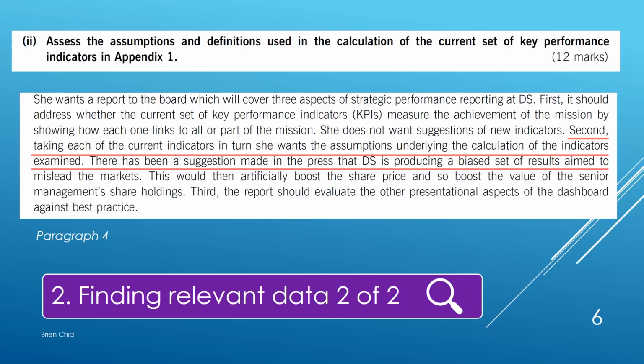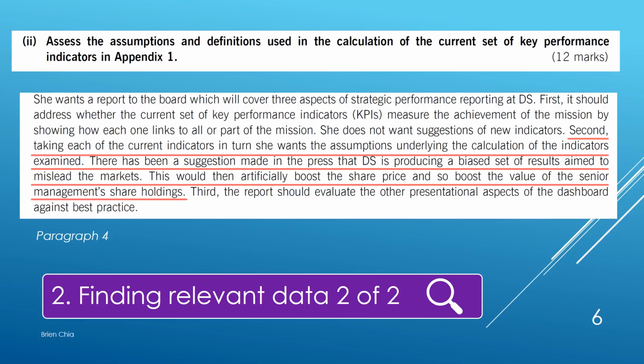There's been a suggestion made in the press that DS is producing, and this is important, a biased set of results aimed to mislead the markets. This would then artificially boost the share price and so boost the value of senior management's shareholdings. So this is a part of the question which guides you on why this person is so concerned about the KPI. It's because it produces a biased set of results which artificially boosts the share price.